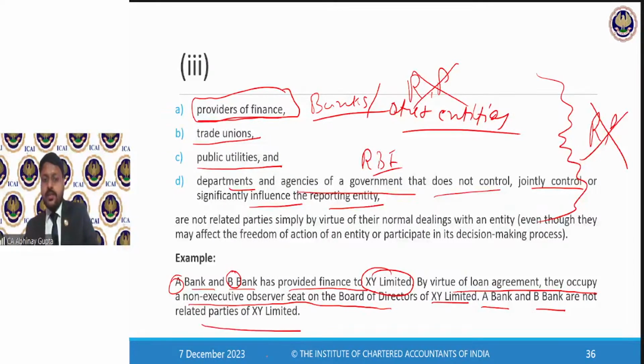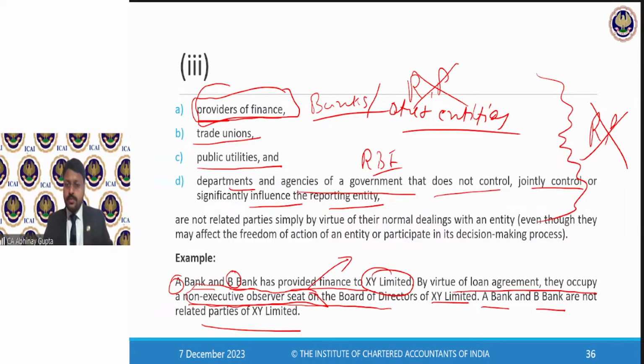No, they are not related parties because they are simply providers of finance, and they have occupied the observer seat on the board of directors as non-executive simply to watch whether the company is going to misutilize the funds or not. They are only interested in whether the funds are being utilized properly for the purpose for which they have been given or obtained by the company.